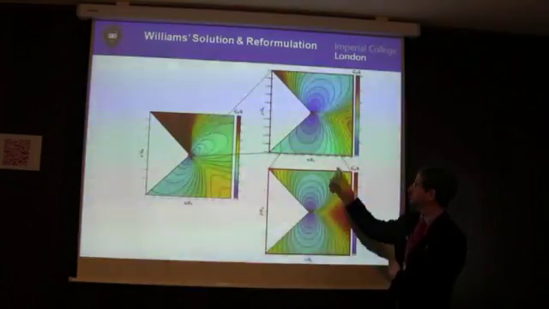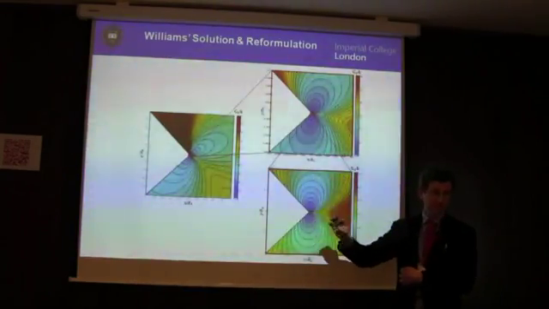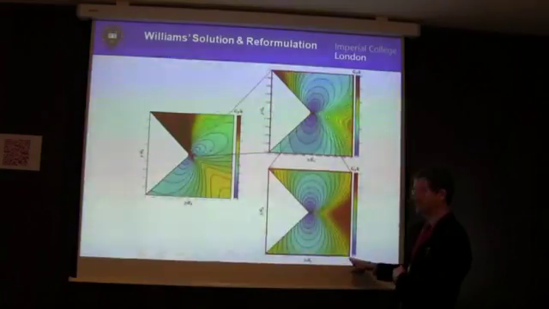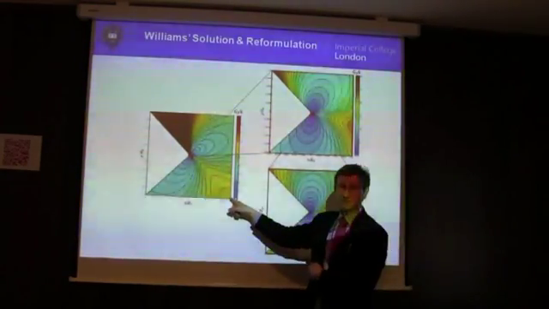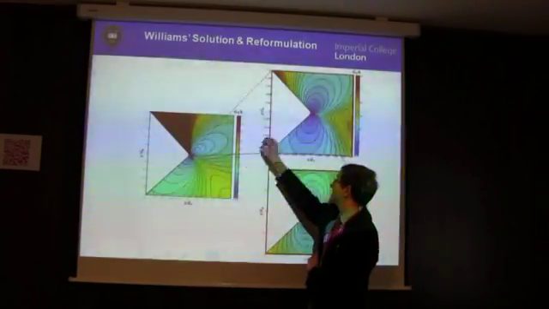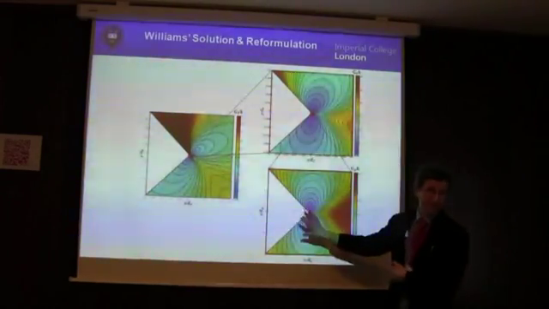And I'm sorry the numbers here are too small to read, but this number here is 10 to the minus 4, that's 10 to the minus 2, and that's 10 to the naught. So this is 100 times bigger than this, and this is 100 times bigger than this.